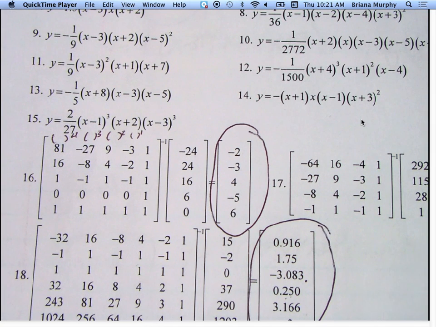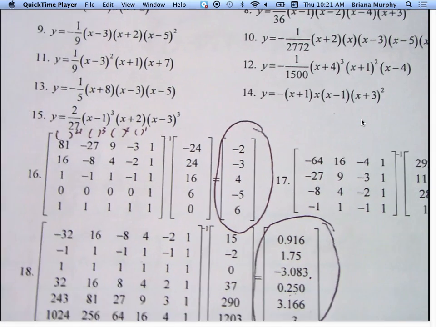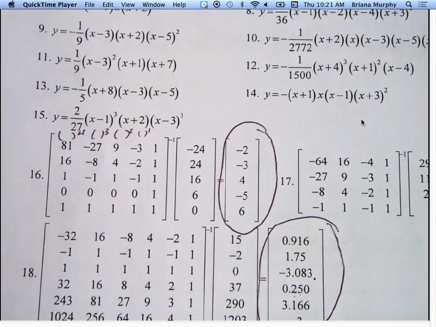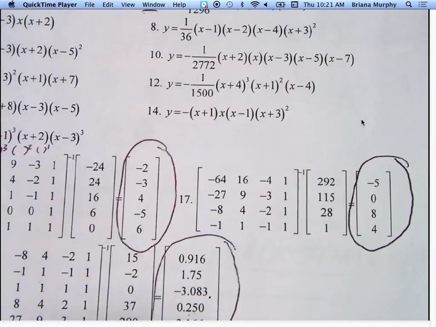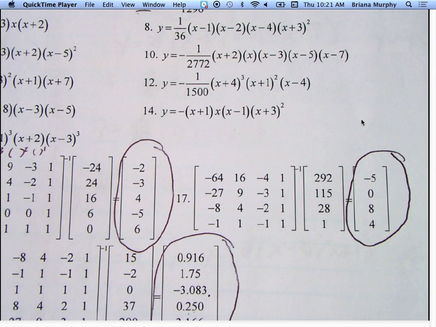Number 17, we should get -5, 0, 8, and 4.